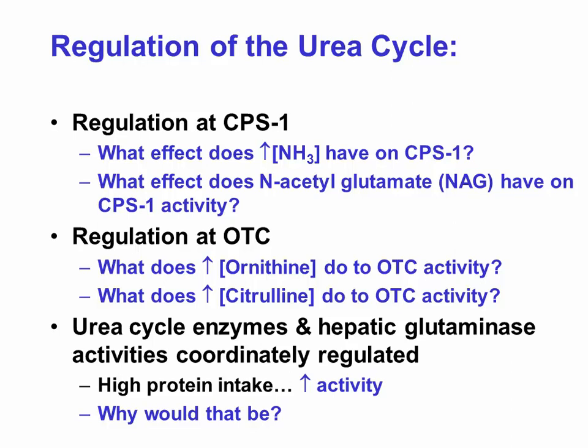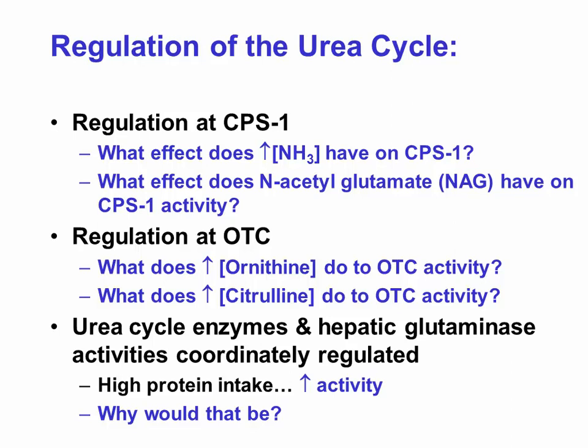Okay. Next up, regulation at ornithine transcarbamylase. Looking at the reaction, there's no ATP required. It's going to be really substrate driven and product inhibited. So you can know what the answer is here.